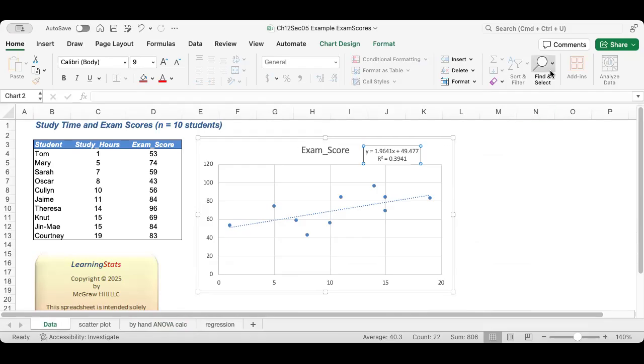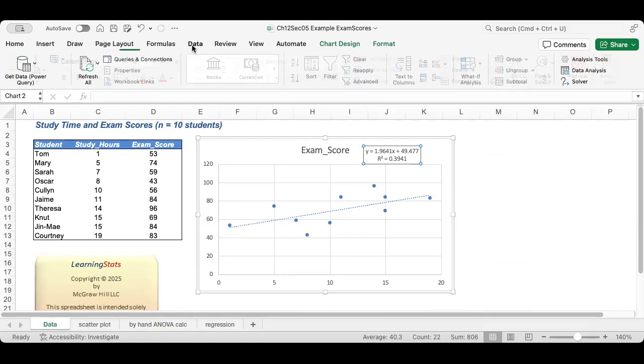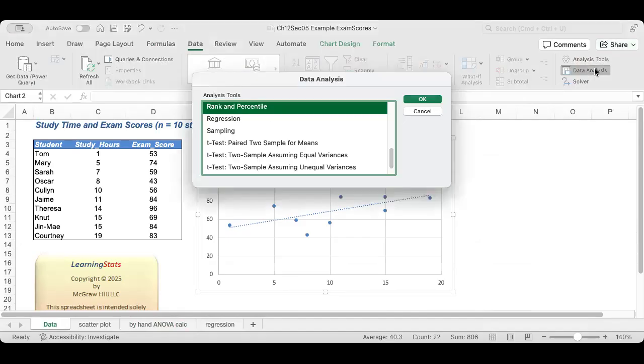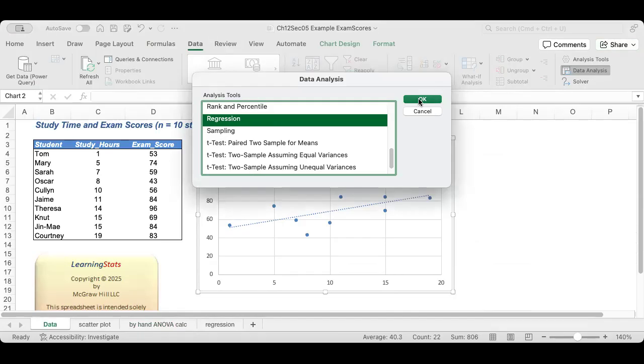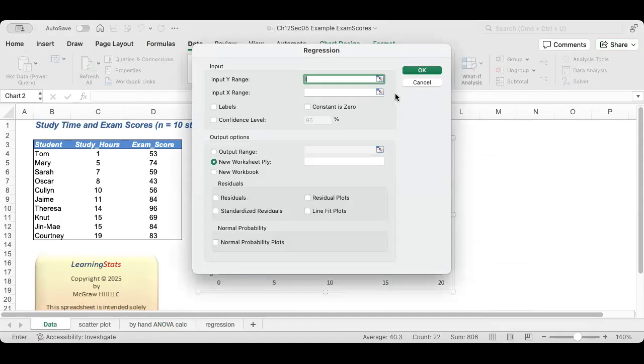I'm going to go back to our data analysis. So under data, I'm going to go to data analysis. This time, I'm going to look at that regression mark. So I click on regression. Okay. Input Y range is first. Response variable is first. Which is my response variable in this case?